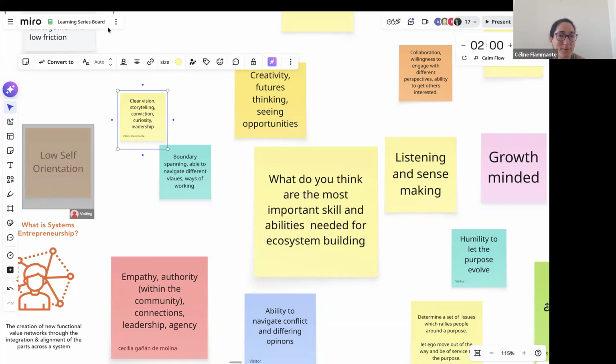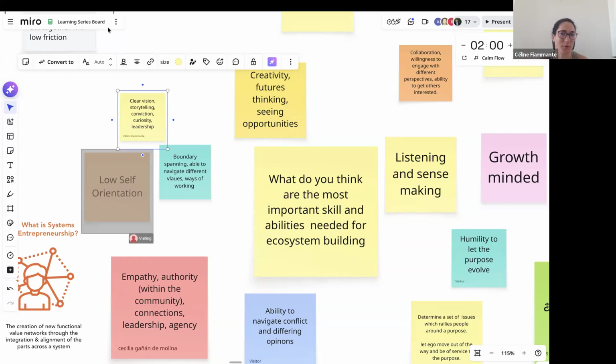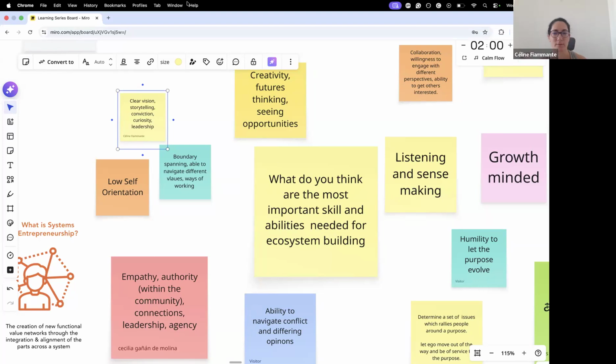Because if you don't have it from the beginning, how are you going to manage to do all of this? I agree a lot with Majid when he said being able to hold space, and curiosity, because it's all the different points of view that you need to bring with you to create this synergy, I think.